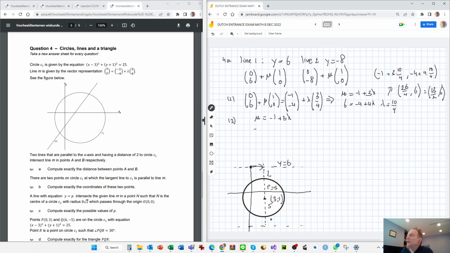Then -8 equals -4 plus 4 lambda. So lambda is -4 divided by 4, so lambda is equal to -1.